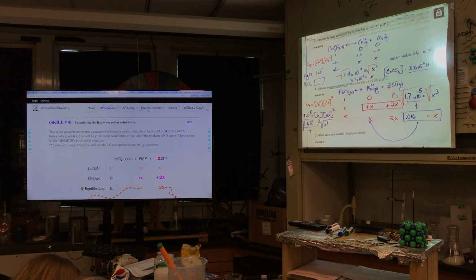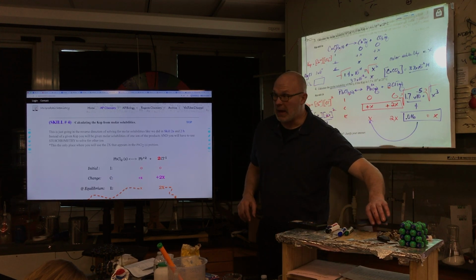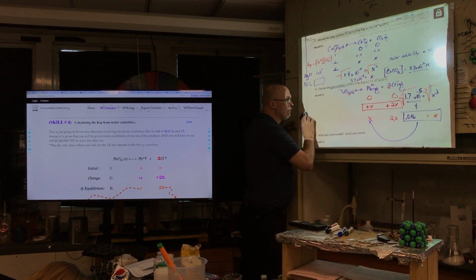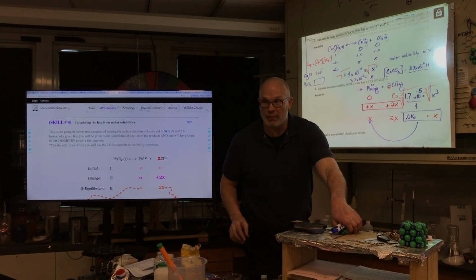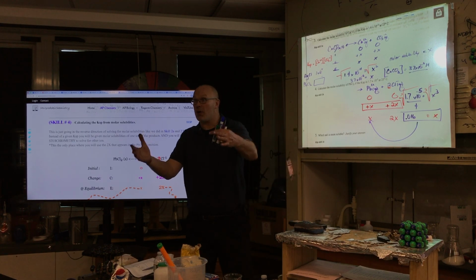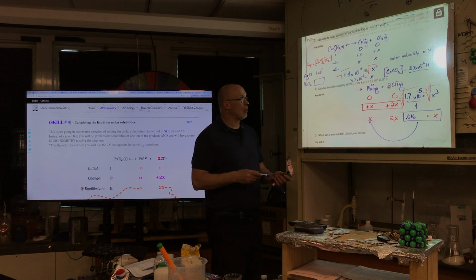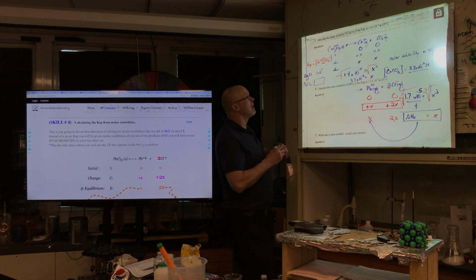So the next question says, which salt is more soluble? Again, let me reiterate, okay? They love to do this, and this is easy. KSP, the way that it's written, larger the KAQ for these reactions, the more ions. Okay, now look at the values they gave us, and please make sure I have the right numbers.